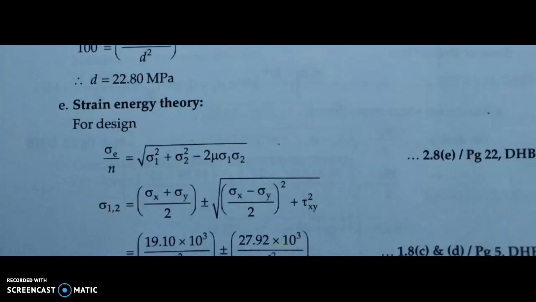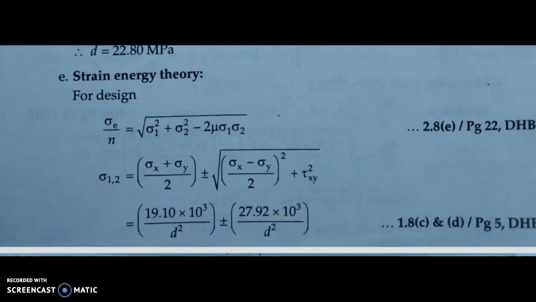What are sigma 1 and sigma 2? They are the maximum and minimum principal stresses. We can substitute all other values in this equation, but we have to find what is the maximum and what is the minimum principal stress.